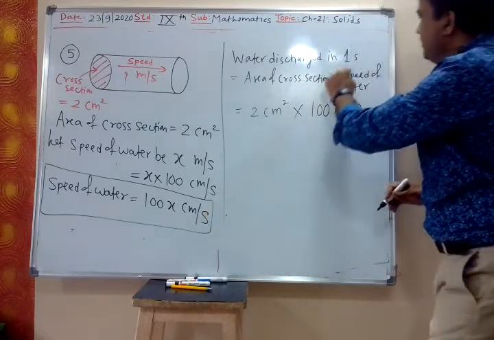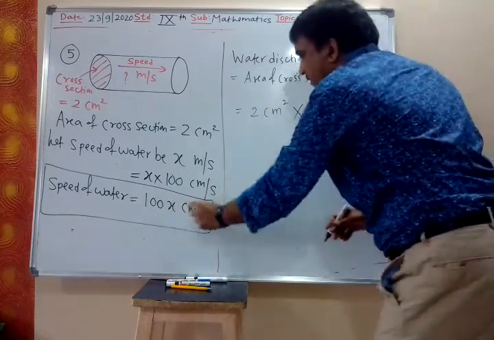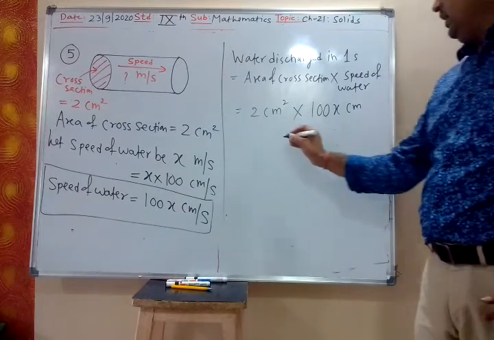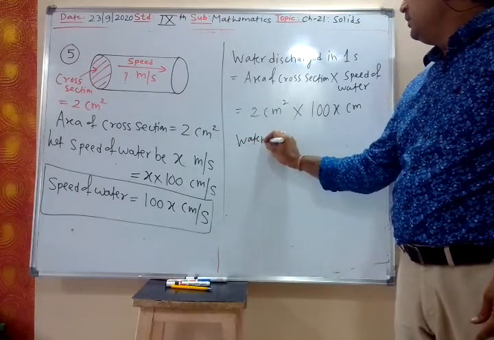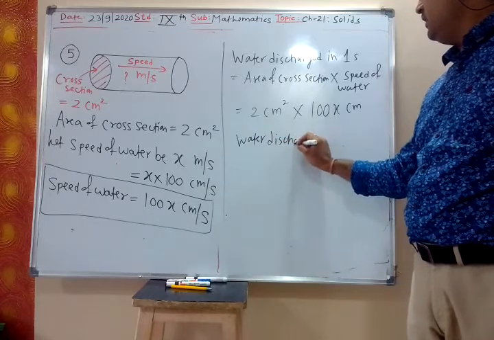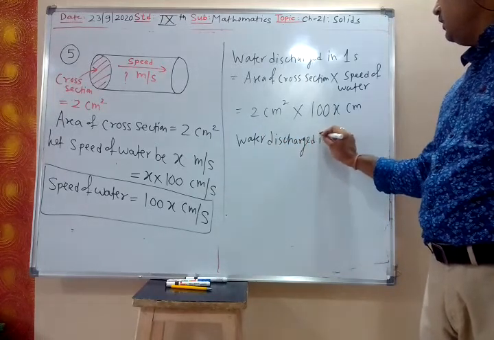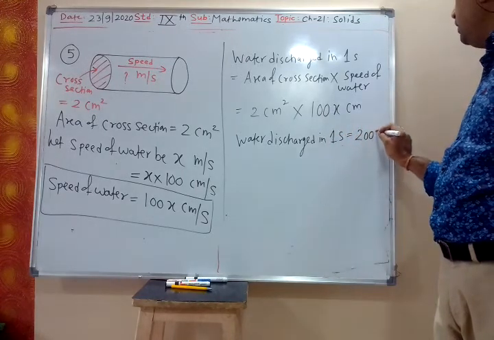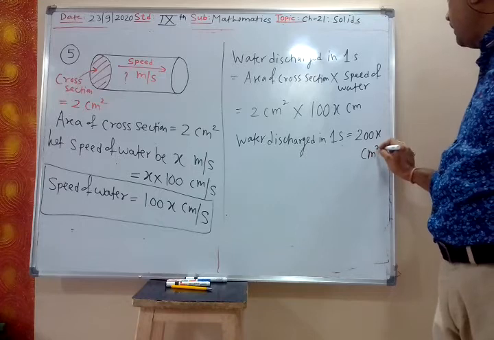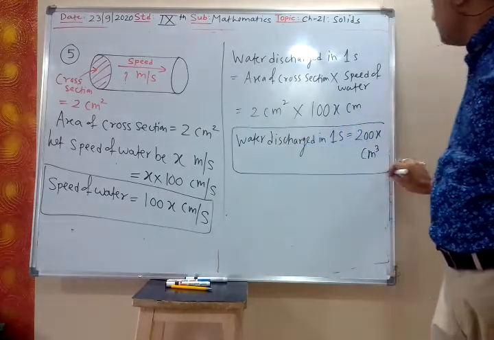Per second is same as 1 second. So only we write 100x centimeter. So this water discharge in 1 second is 200x centimeter cube.